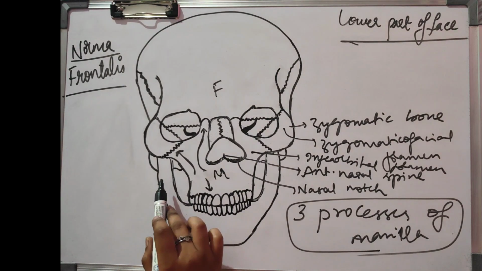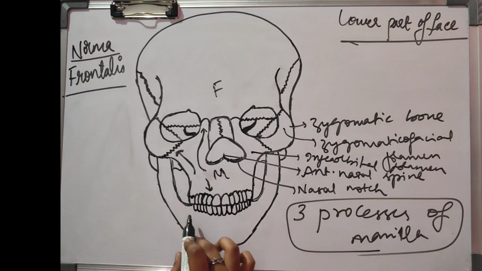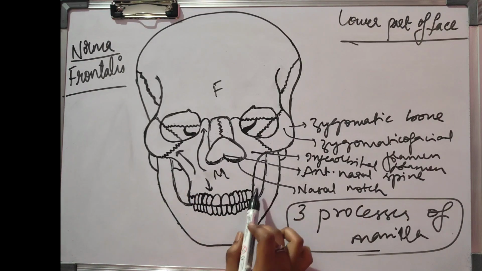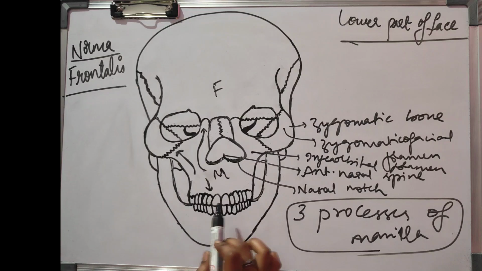Now coming to the mandibular bone, it forms the lower jaw, and this is the mandibular bone. It contains the upper border and the lower border, and the upper border lodges the lower teeth and the lower border is rounded.